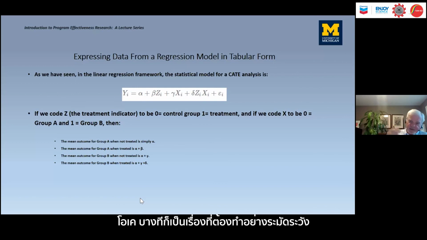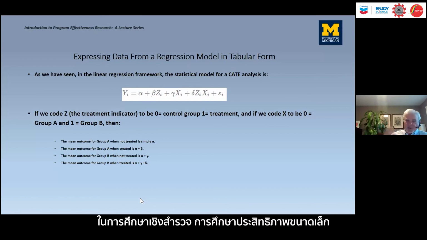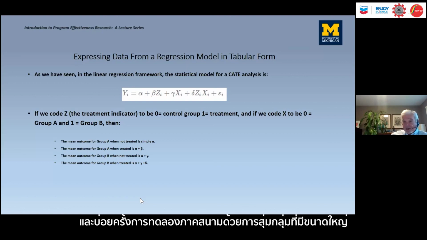Okay, sometimes it's fairly carefully done when you have millions and millions of dollars, but certainly in exploratory studies, smaller efficacy studies, and often even big randomized field trials, you don't have a random sample of some known population.